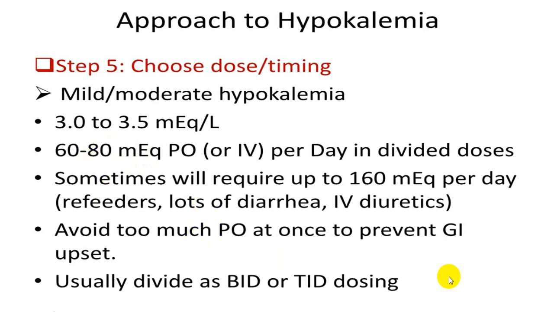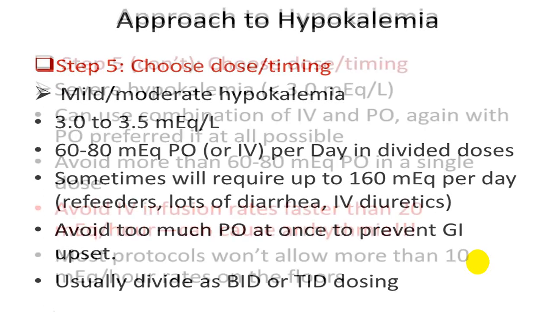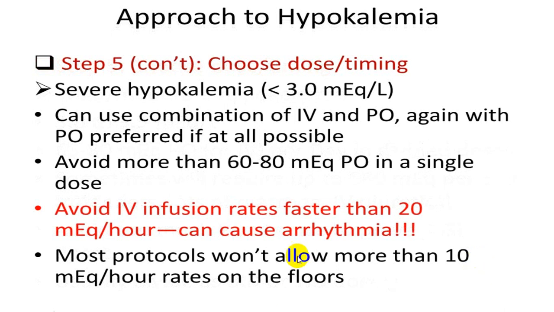Whether it is BID or TID dosing, whatever you decide should be based on the ongoing loss, the present status, how much he has responded, the clinical symptoms and signs, etc. One thing is definite: avoid IV infusion rates faster than 20 milliequivalent per hour, because it can end up with cardiac arrhythmias. So this is a must.